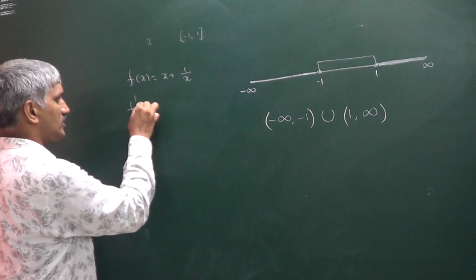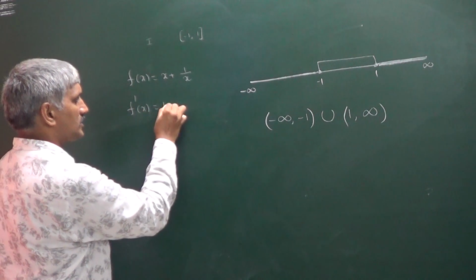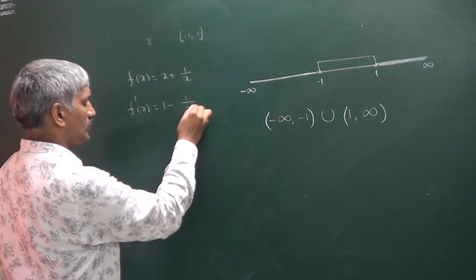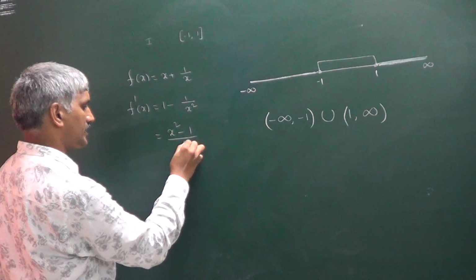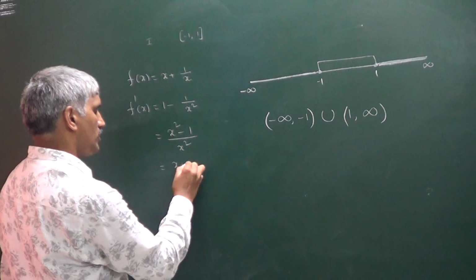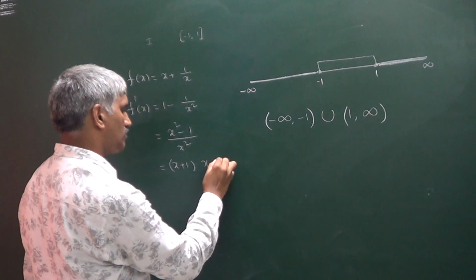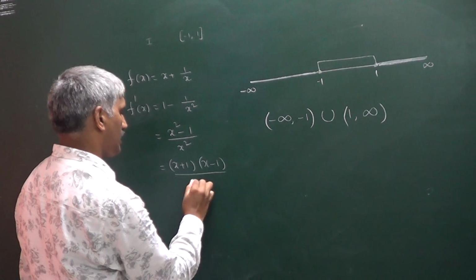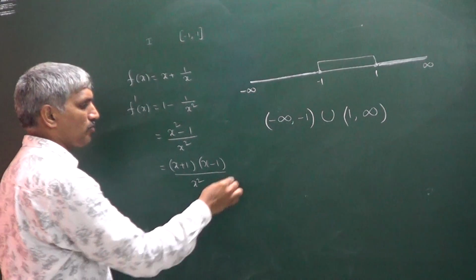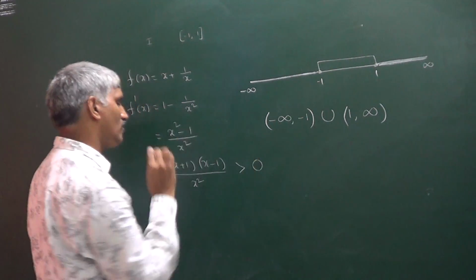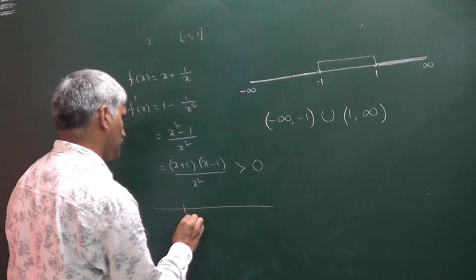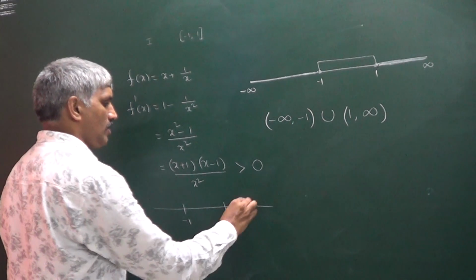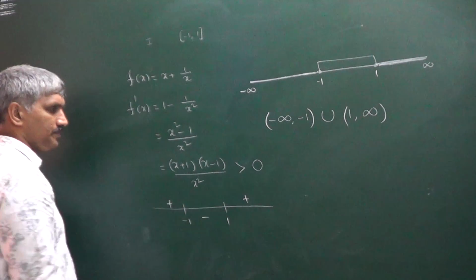Okay, f dash of x is equals to 1 minus 1 by x square. Now we can write this one as x square minus 1 divided by x square, that is equals to x plus 1 into x minus 1 divided by x square. For the function to be strictly increasing, f dash of x must be greater than 0. Now what happened this one? This is a minus 1 and this is a plus 1, plus minus plus.